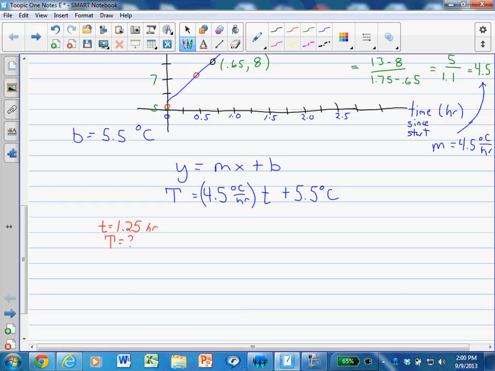That's interpolation. And we could plug that in. T would equal 4.5 degrees Celsius per hour times a time of 1.25 hours plus 5.5 degrees Celsius.